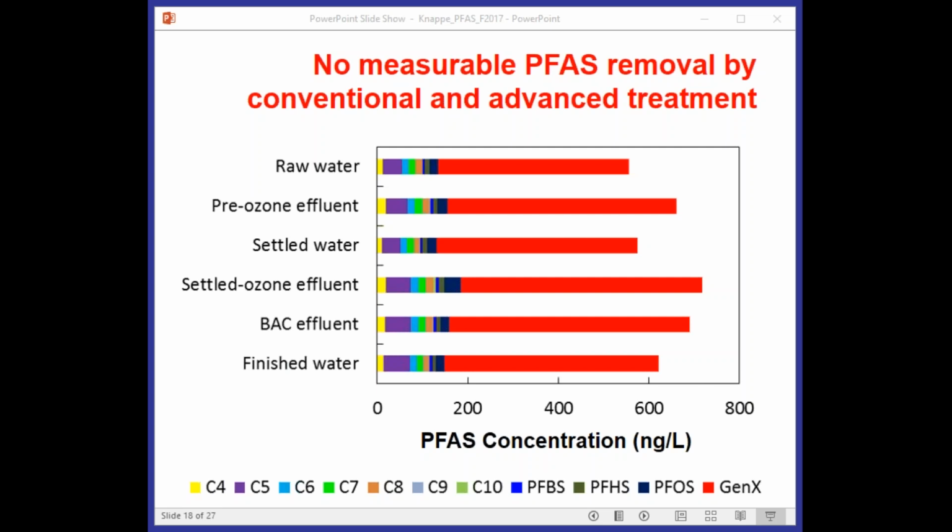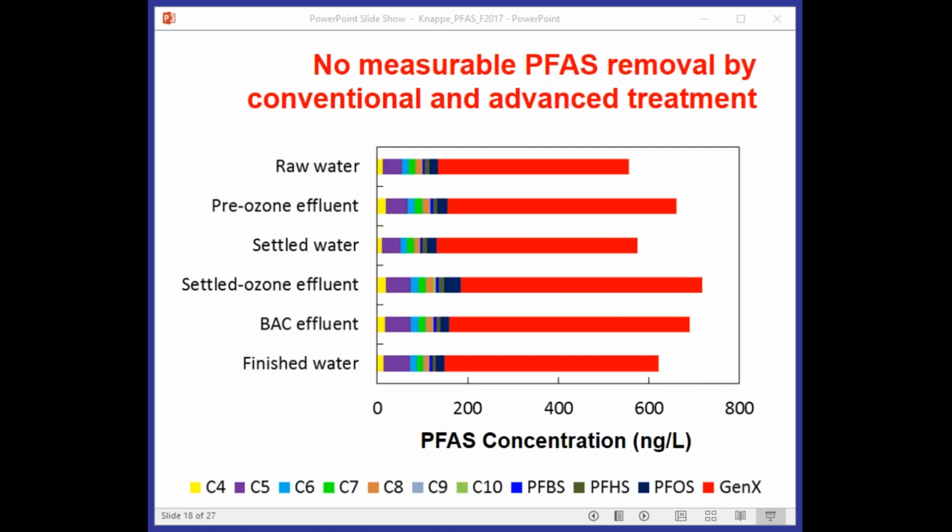It uses a GAC biofilter following ozonation, and it also uses medium pressure UV and free chlorine for disinfection. And what this figure essentially shows is there was no change from the raw to the finished water. Neither Gen X nor the traditionally studied compounds were altered or removed by the oxidation and biofiltration and conventional treatment processes that are used at this particular plant.